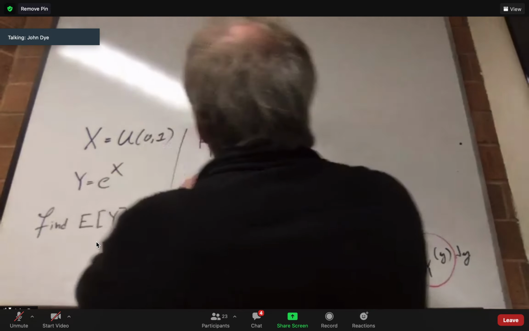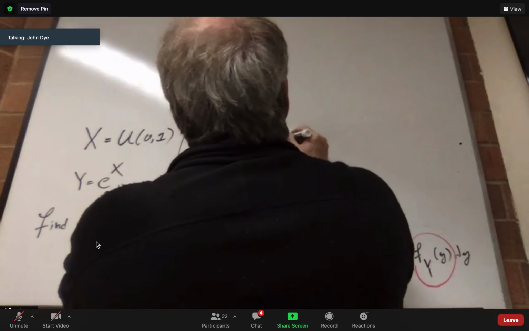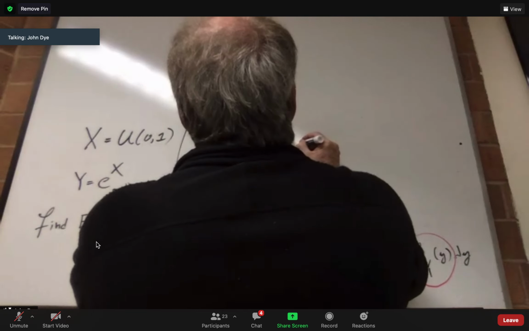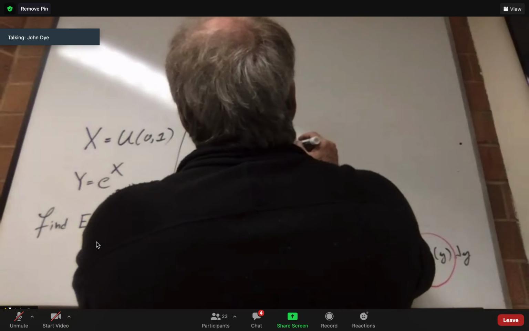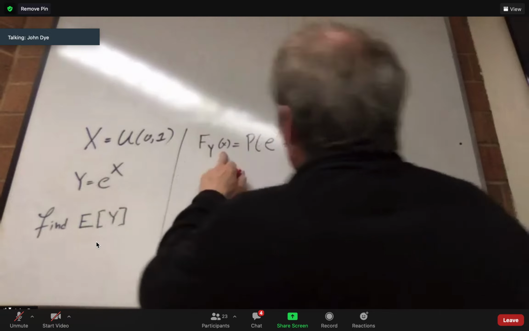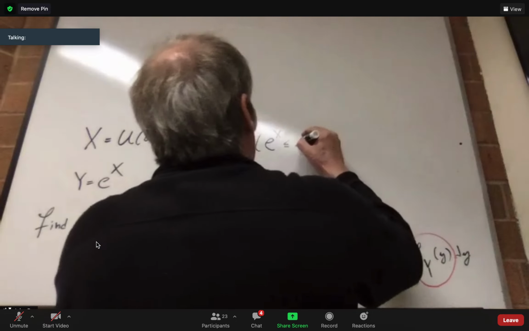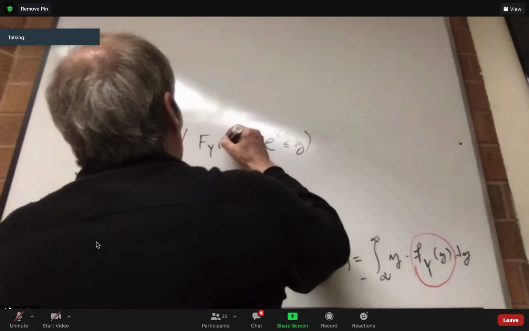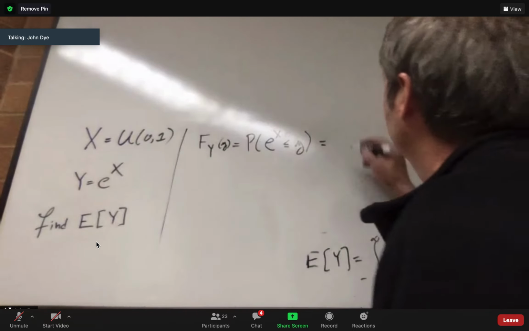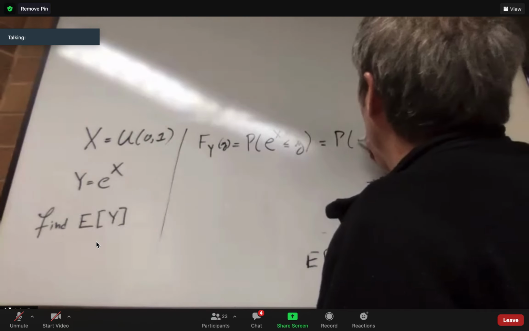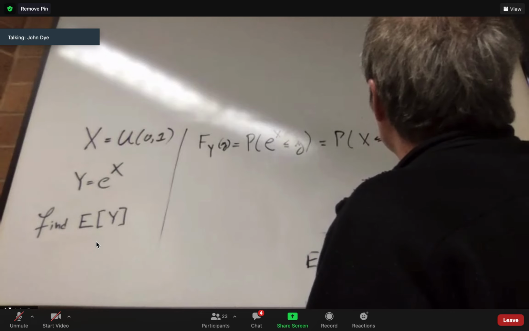This is the probability that y, which is e to the x, is less than or equal to y. Maybe I should have used a different variable here. So I do that. So this is the probability that x is less than or equal to log y.